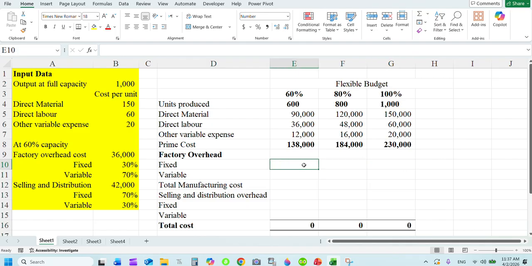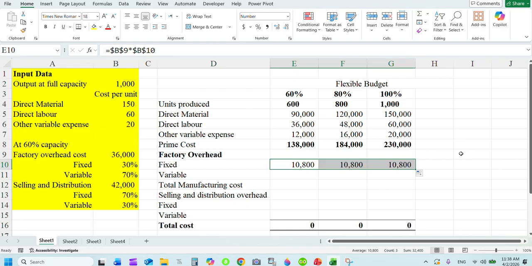So the factory overhead cost which is fixed is how much? 30,000 is the full factory overhead cost, of which this much, 30%, is fixed.